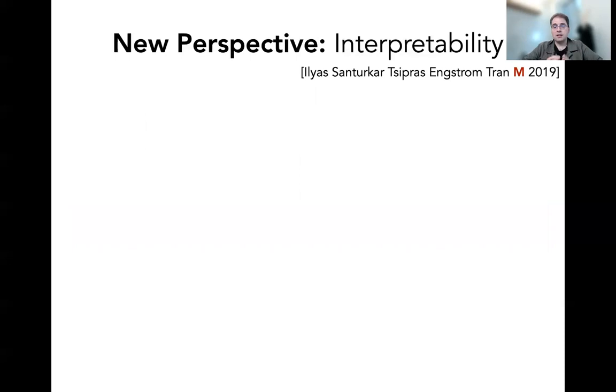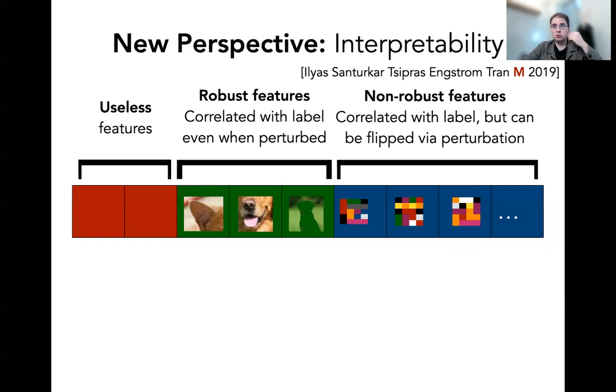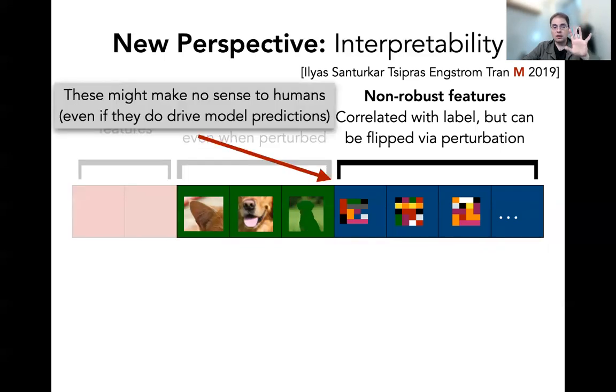In particular, this view also provides a new perspective on interpretability, essentially the goal of being able to understand and scrutinize why a model made the decision that it made. The new perspective corresponds to the realization that my model might rely on robust or non-robust features to make its decisions, and it actually tends to depend on non-robust features disproportionately much.